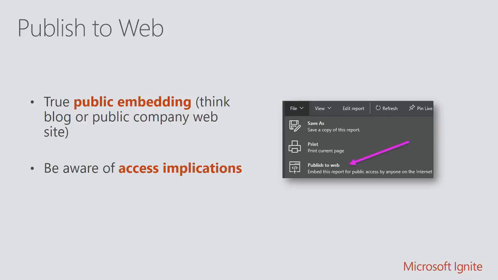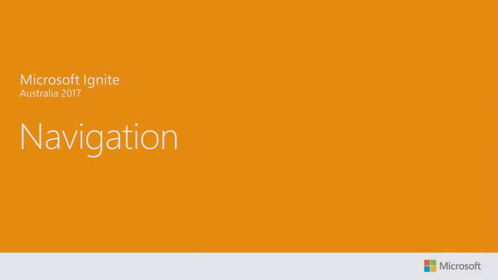There is really no security on this. But it is a true form of public embedding. What we've seen, for example, is a local government or town that wants to publish some statistics about their travel and make them publicly available on their web portal. This is the right tool for that particular set of jobs.